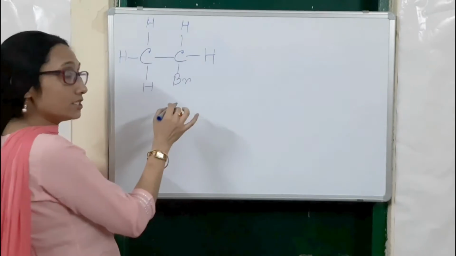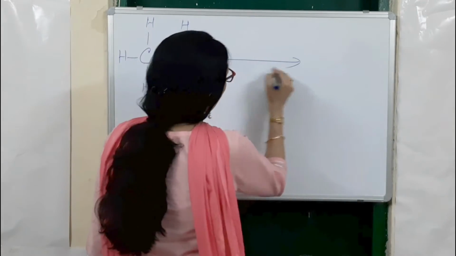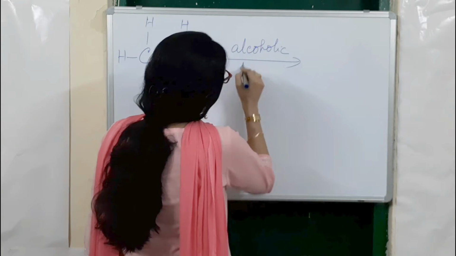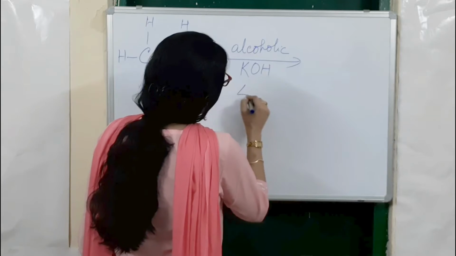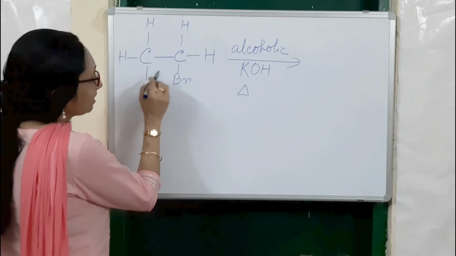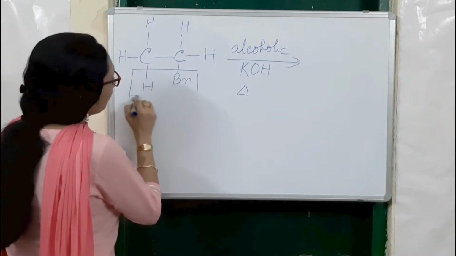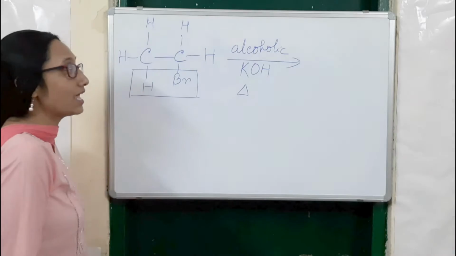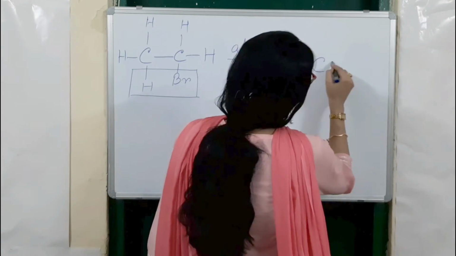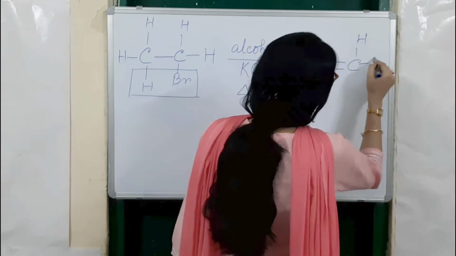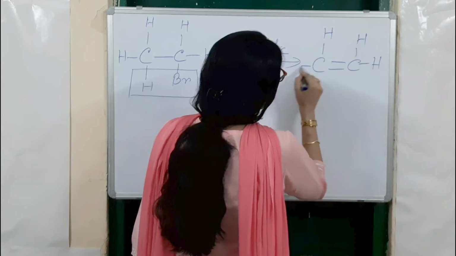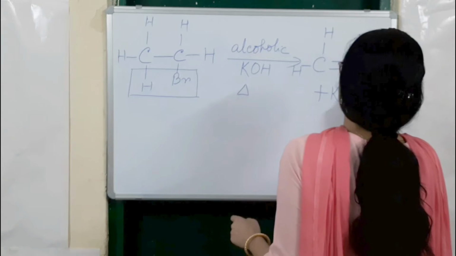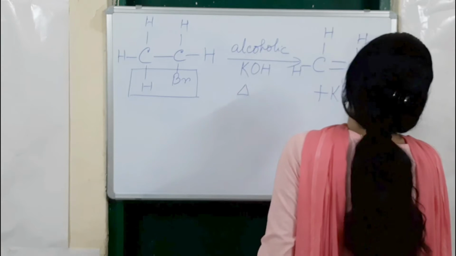Now when we heat ethyl bromide with alcoholic potassium hydroxide, then H and Br are removed from these two adjacent carbons. That means HBr is eliminated, leading to the formation of ethylene plus KBr plus HOH, that is water.